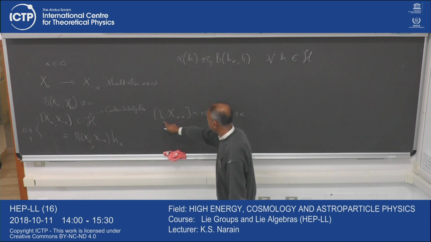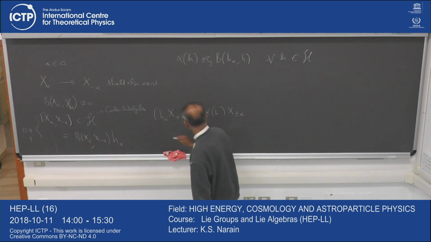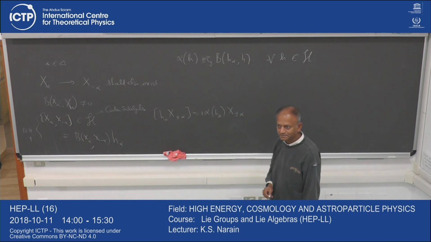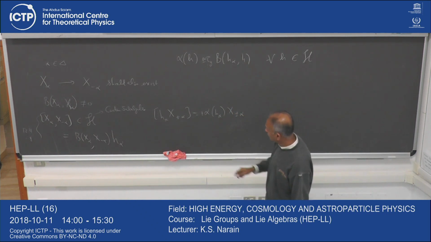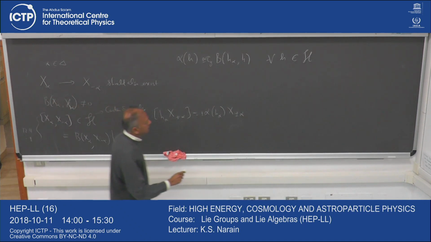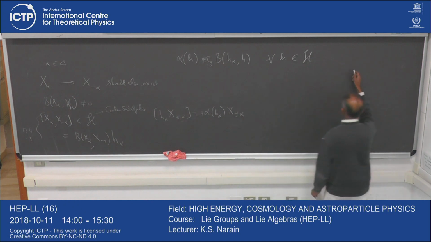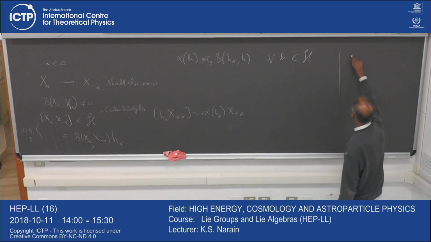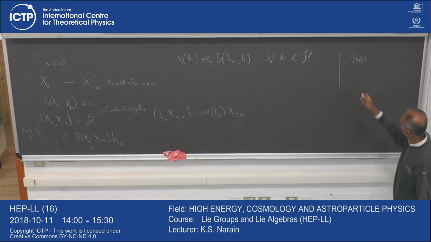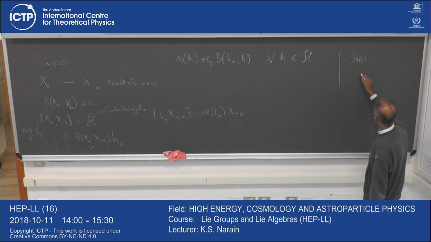This is for every H, but let's restrict ourselves to H_alpha. Now compare this algebra with the SU2 algebra, which had sigma plus-minus and sigma 3.